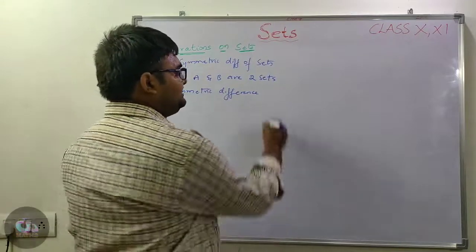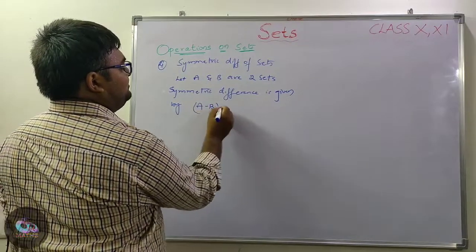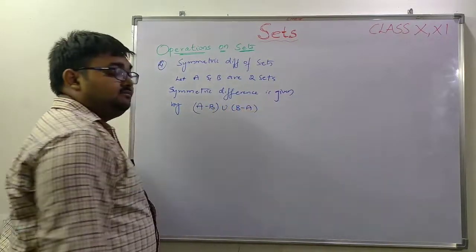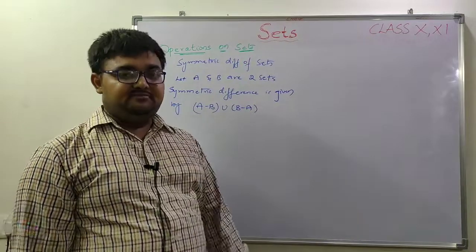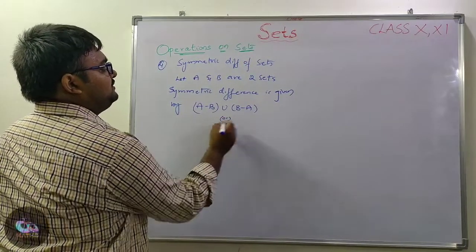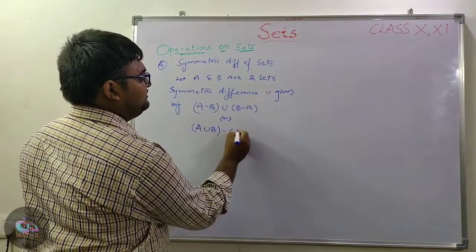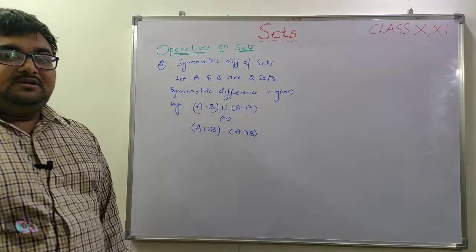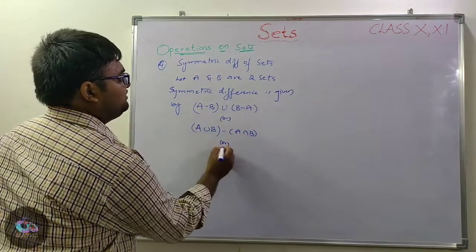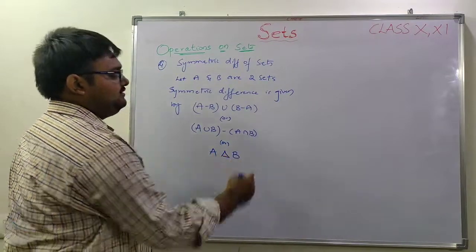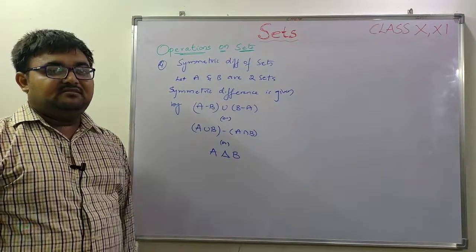So symmetric difference is given by A minus B union B minus A. Symmetric difference means we are going to take both the differences and union them, or this can also be represented like this: A union B minus A intersection B, or simply this is represented by A delta B. So these are the representations for symmetric difference of the given two sets.